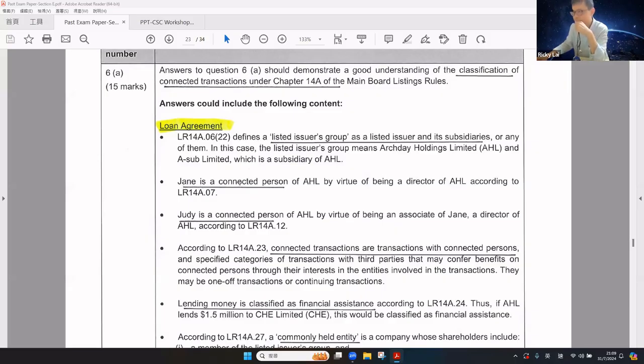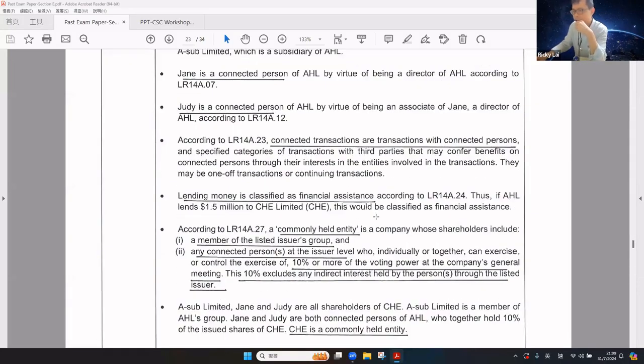Jing is a connected person because she is a director of the listed company. Judy is a connected person because she is an associate of Jing, as Judy is her sister. According to the listing rules, connected transactions are transactions with connected persons and specified categories of transactions with third parties that may confer benefit on connected persons through their interest in the entity involved in the transaction.